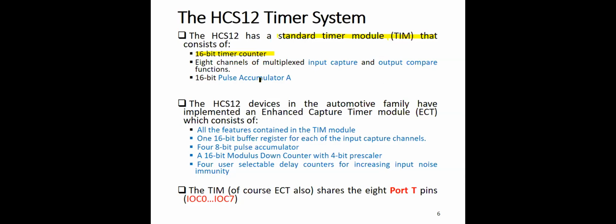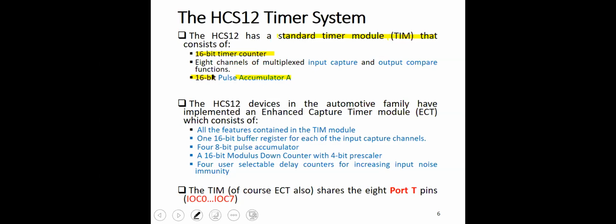It can also be operated as an accumulator, or basically a counter, to count some aperiodic or asynchronous events. And as I said, we can count up to 2 to the power 16. Now, this is the basic core of the module, which is a timer or a counter that can be operated as a counter or a timer.